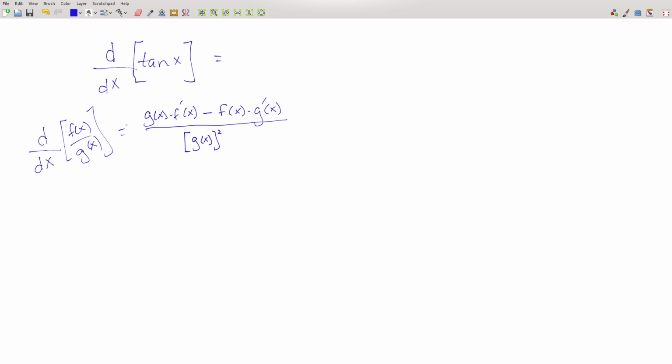This is called the quotient rule, something that we saw in class.